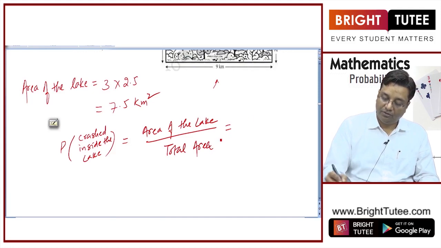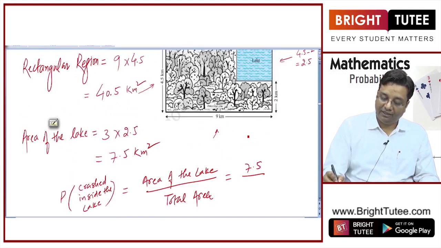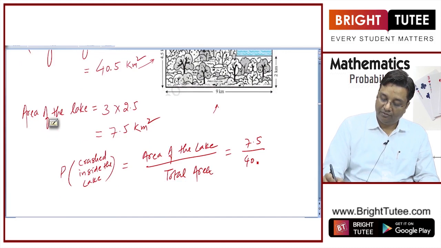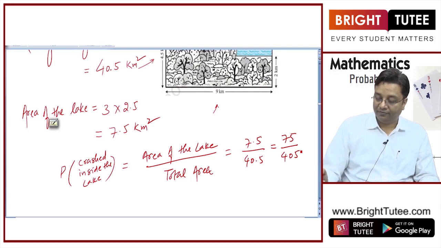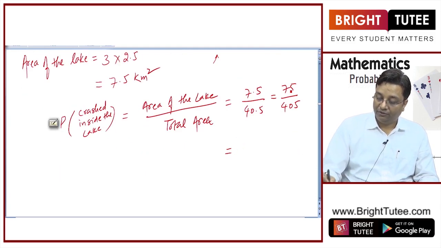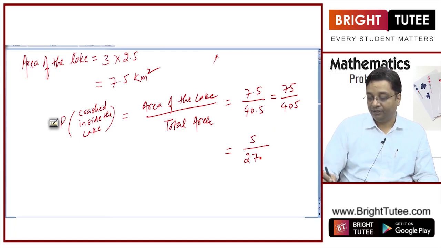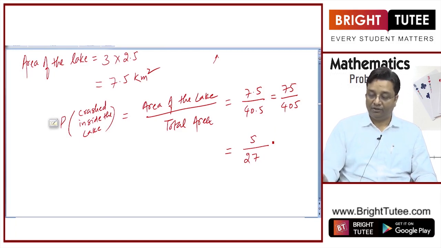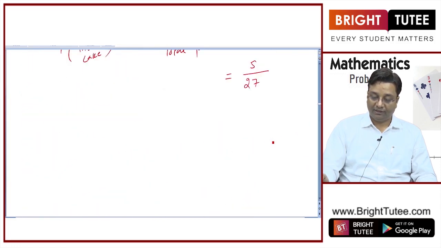So it is equal to 7.5 divided by 40.5, which can be written as 75 divided by 405, right? So 15 5s are 75, 15 2s are 30, 15 7s are 105. So it is equal to 5 by 27. Okay, so this is the probability in this case.